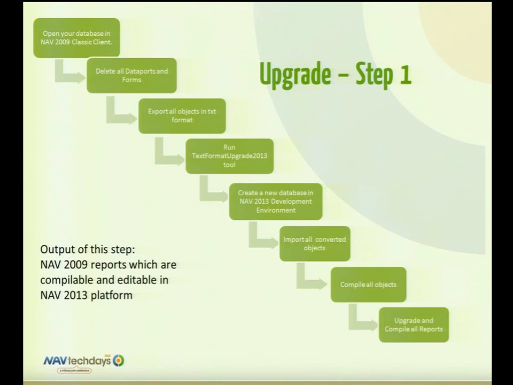These steps are clearly written in the help files that we have released in MSDN, with pictures and diagrams. Then you run a tool which we ship on the DVD, called Text Format Upgrade Tool. It cleans up your objects based on references to old platform stuff like forms or request forms, which are not valid anymore in the NAV 2013 environment.